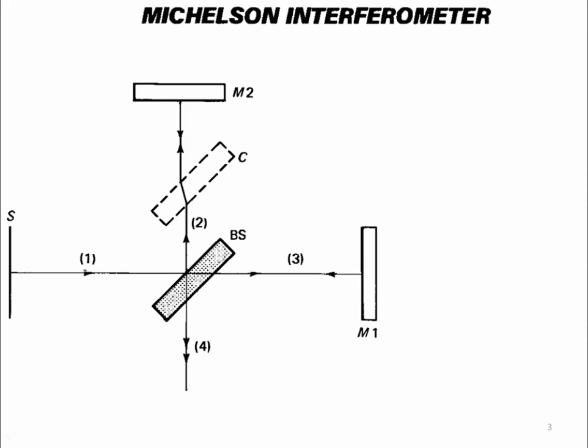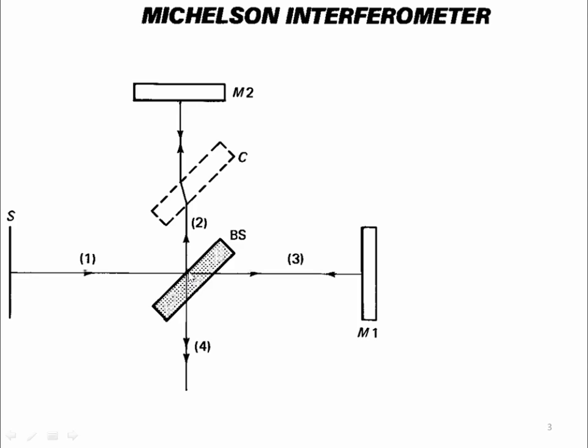So this is an extended source. Whenever light comes from here, it reaches up to this point. The beam has traveled the same fixed optical path from here to here.